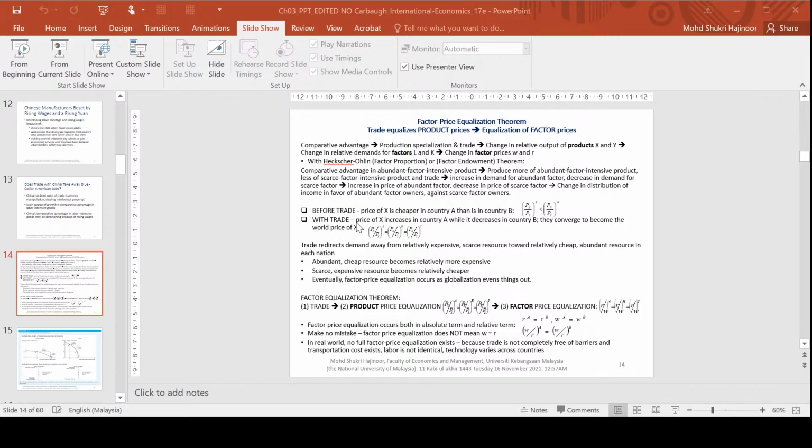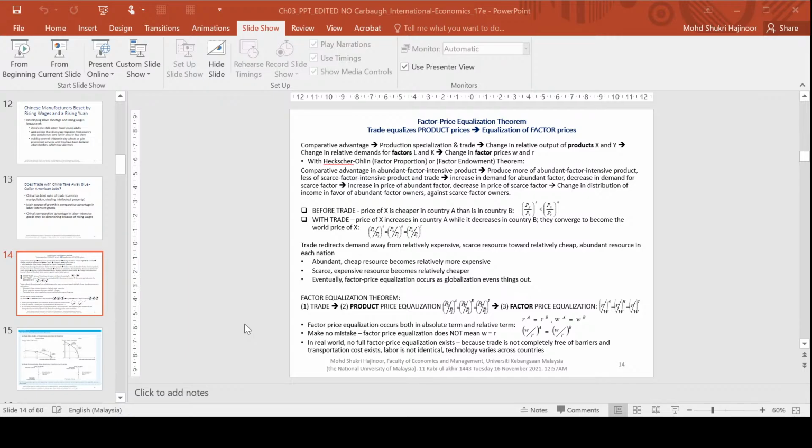Because this change in factor price is up for the United States, down for China with regard to capital, and with regard to labor, an increase in China, which used to be lower. The wages increase because of trade.